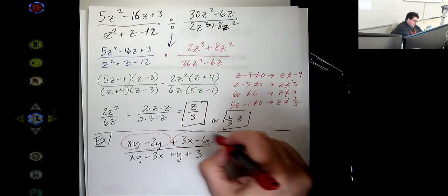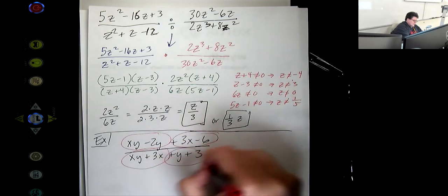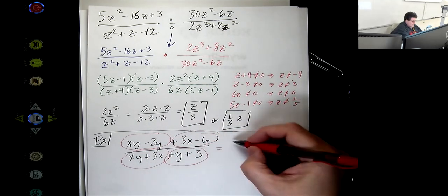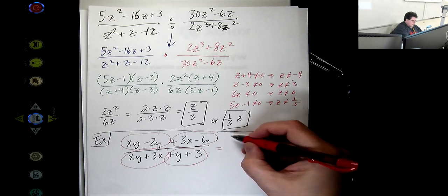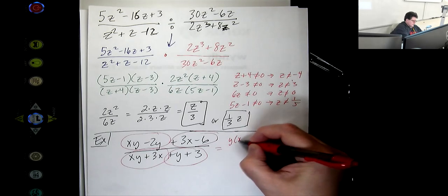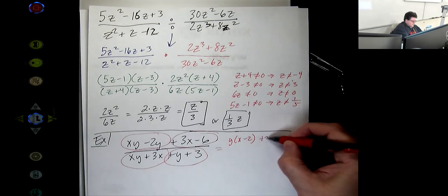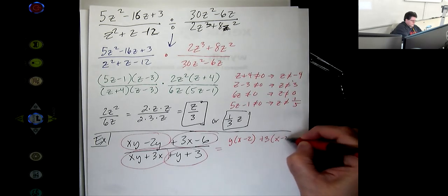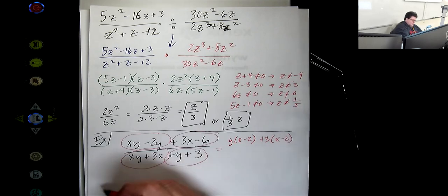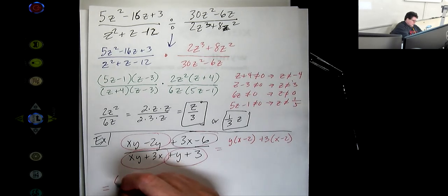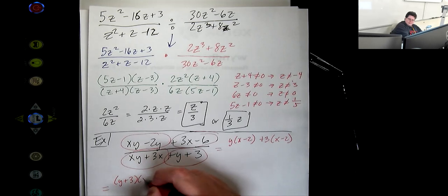So I'll factor in pairs. On the top one, I can pull out a y and I'll be left with x minus 2. And on the top, if I pull out a 3, I'll be left with x minus 2 also. Which means that top is going to factor into y plus 3 times x minus 2.